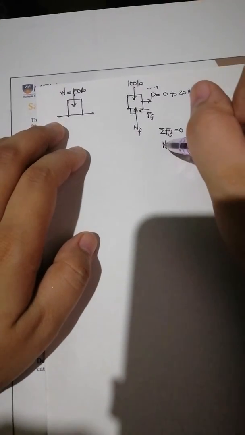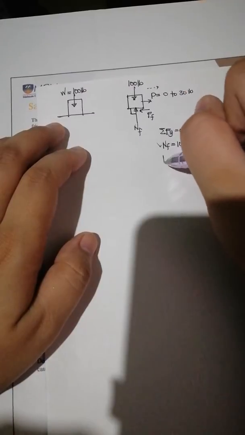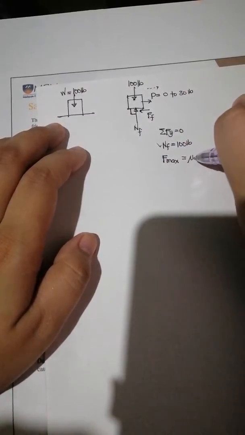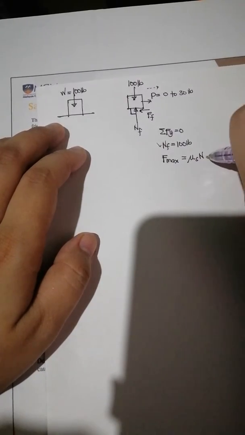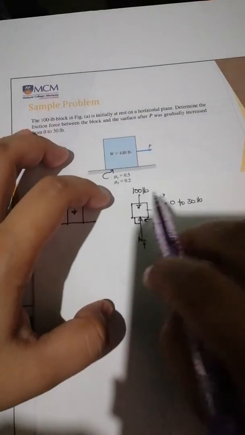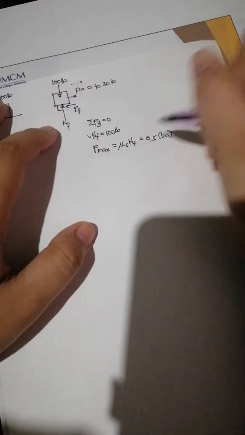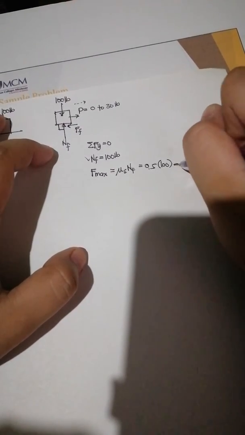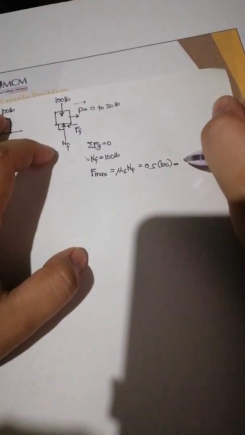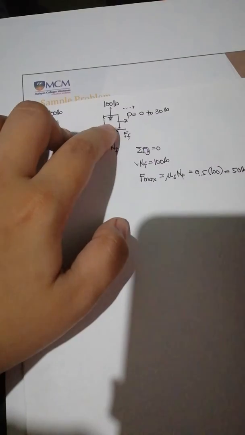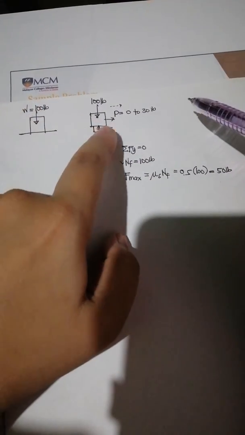Once we get the normal force, it would be easy for us to get the maximum static friction, and that is mu s times the normal force. Given in the problem that mu s is 0.5, we'll have 0.5 times 100, and that will be 50 pounds. So the maximum static friction is only 50 pounds.